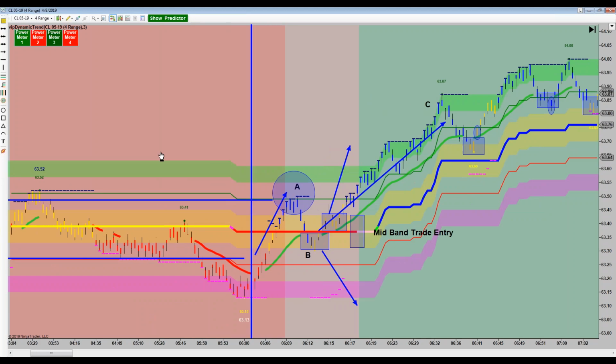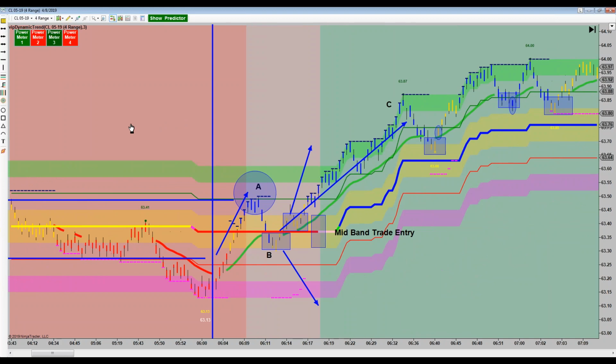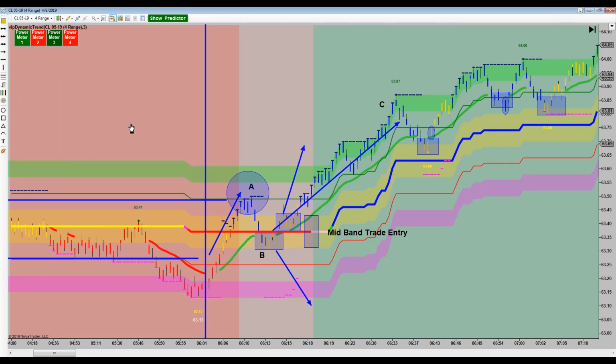You can look at this chart all day long. You can be good at seeing a range. You can be super good at seeing a trend. When a trend changes, you can see boxes, mid-band, all manner of things like that. But sometimes the trades aren't exactly what you think they're going to be, and that's where the real challenge comes in. Let's look at this a couple of different ways.